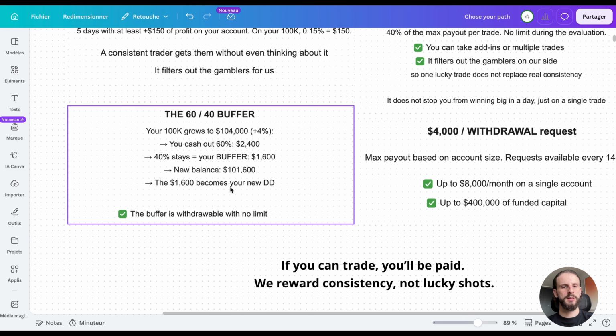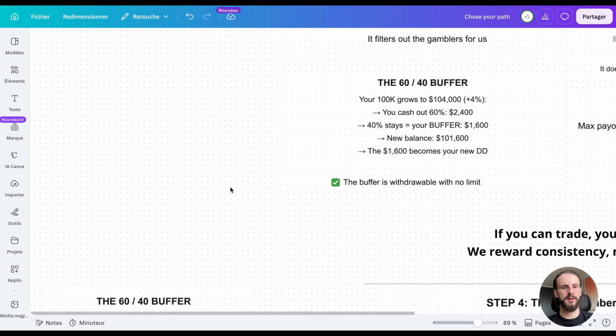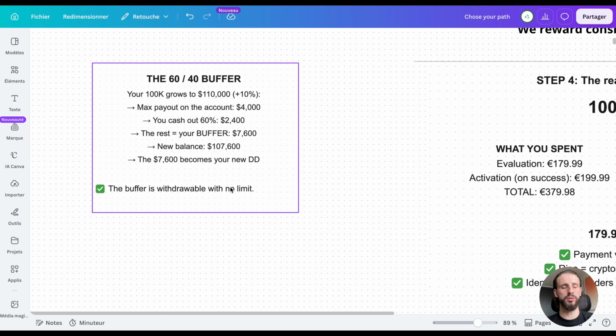Okay? Second case, now let's say your account grows to $110,000, so plus 10%. On this account, the max payout stays the same. Okay? So you can only request $4,000. Now, the 60%, 40% only applies to those 4,000.